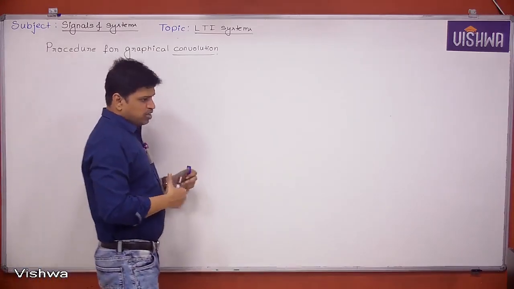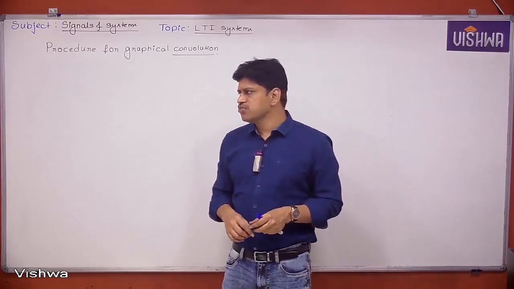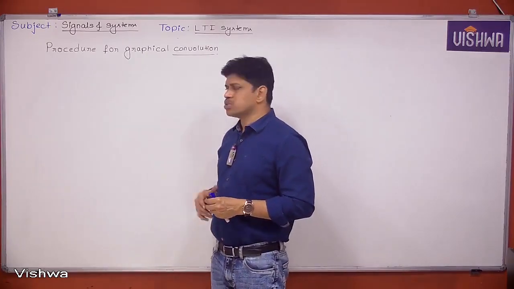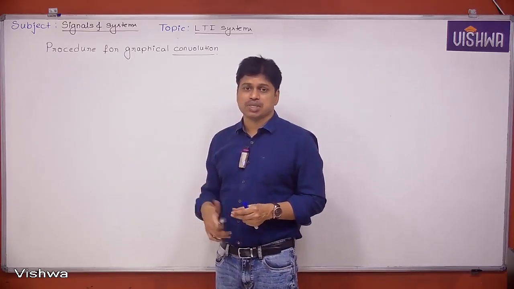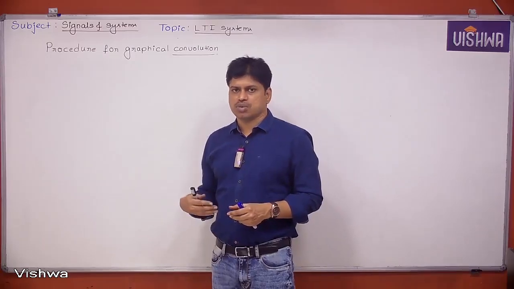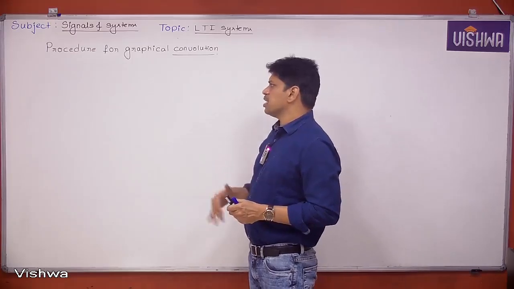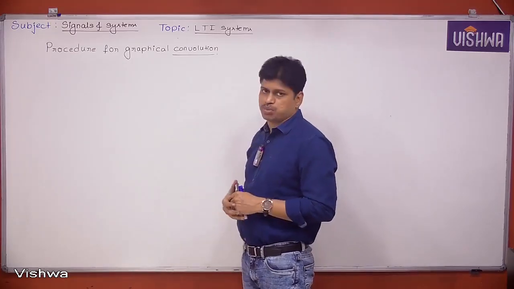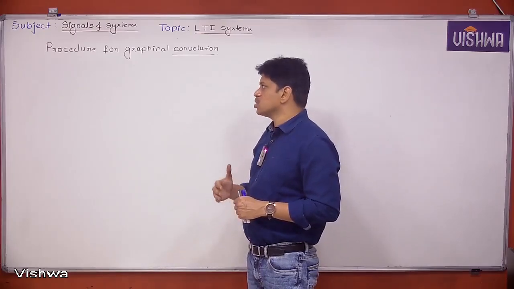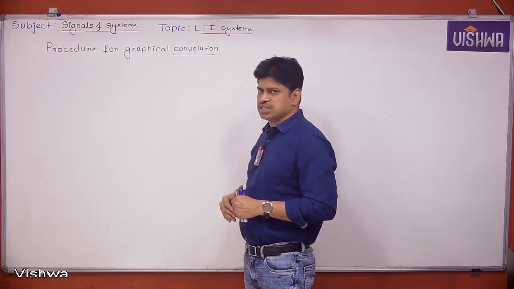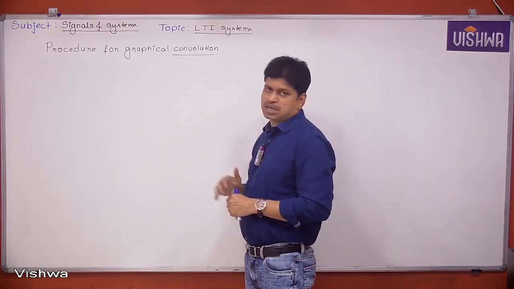Many people are fond of this procedure, the graphical convolution procedure, but from the GATE point of view, this procedure is not feasible for us. We may not use it because it is a cumbersome process and requires a lot of drawings. But there are some situations where we have to use the graphical procedure. We will see that question also, which was given in a previous GATE examination, where we have to apply this graphical procedure. It's compulsory there.